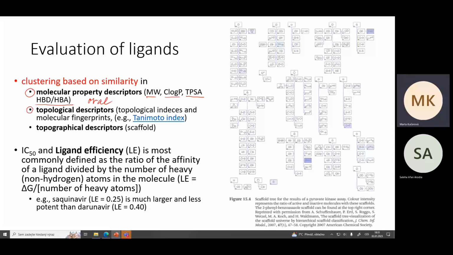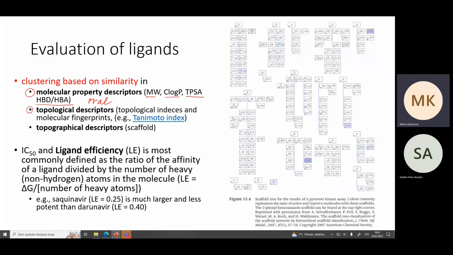For example, when a specific chemical feature is involved in the molecule, we give the fingerprint 1. When it is not present in the structure, we assign 0. So these are topological descriptors, and we also use topographical descriptors.